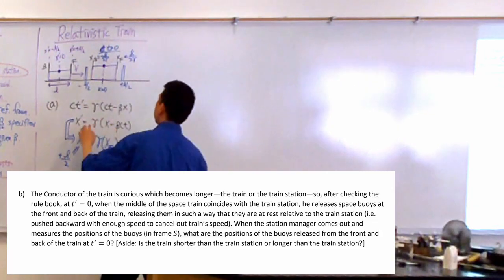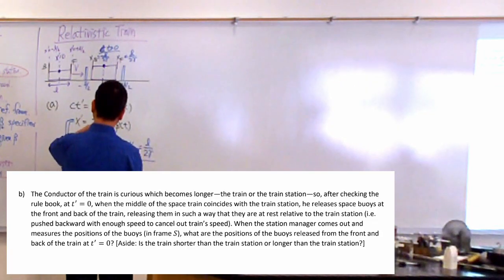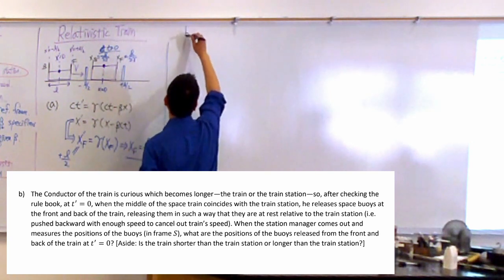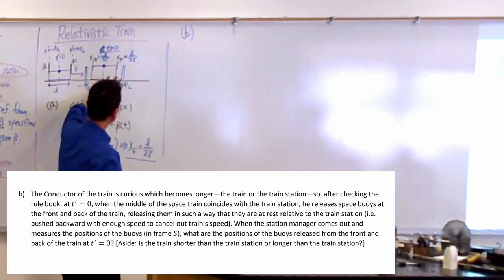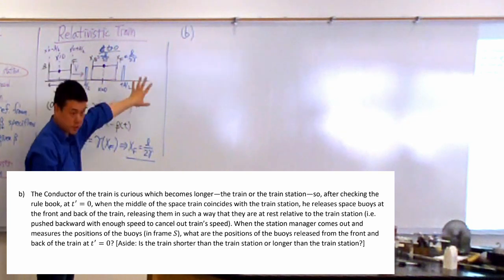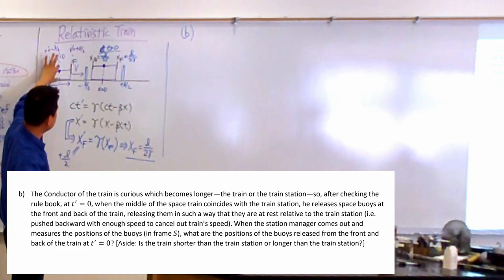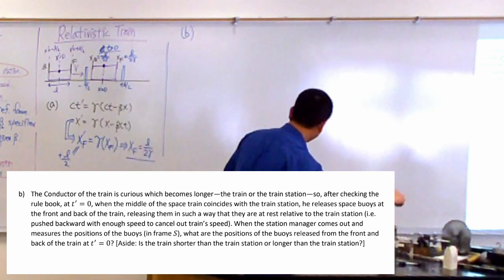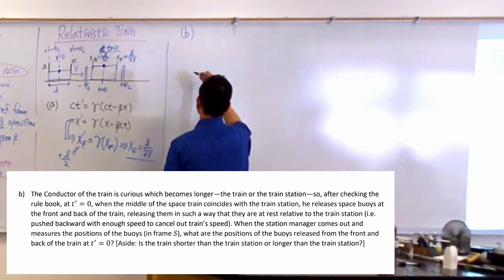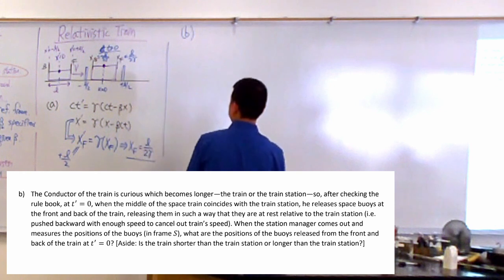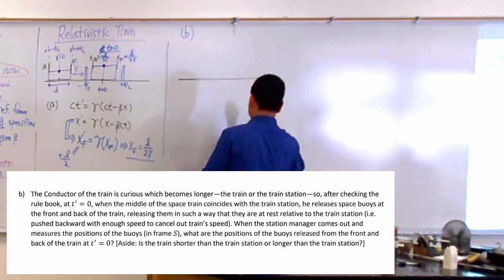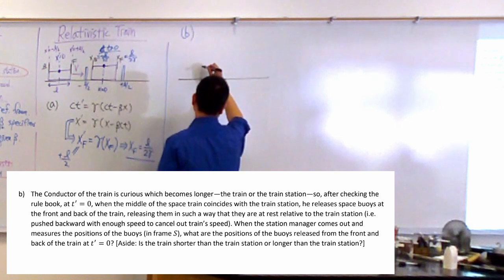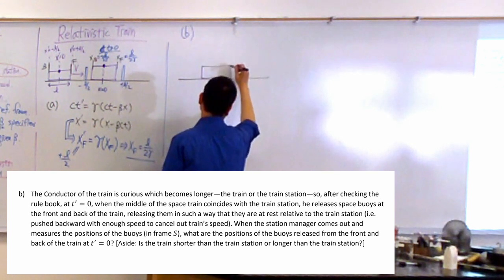So for part B, we are trying to describe this exact same physical situation, but from the reference frame of the train. From the reference frame of the train, this is what you should have. The train is actually at rest.